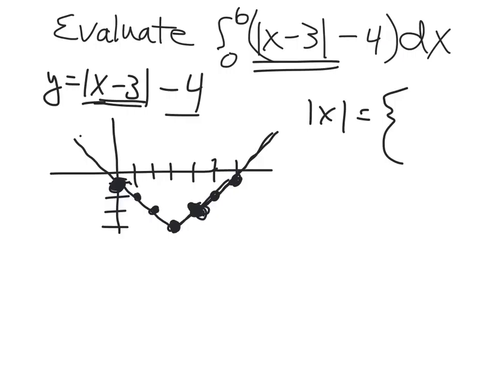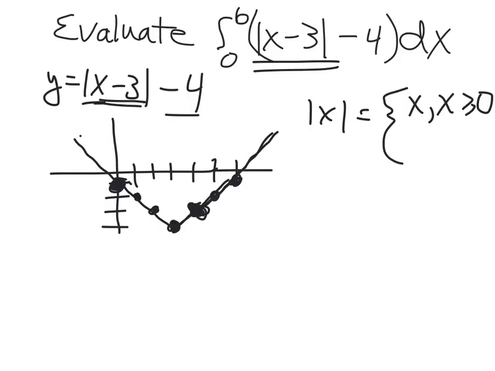If x is a positive number, the absolute value of x then is that same number. Absolute value of 3 is 3. So that's going to be one piece of it. And this is true for any positive numbers, but we could also include equal to 0. Absolute value of 0 is 0.